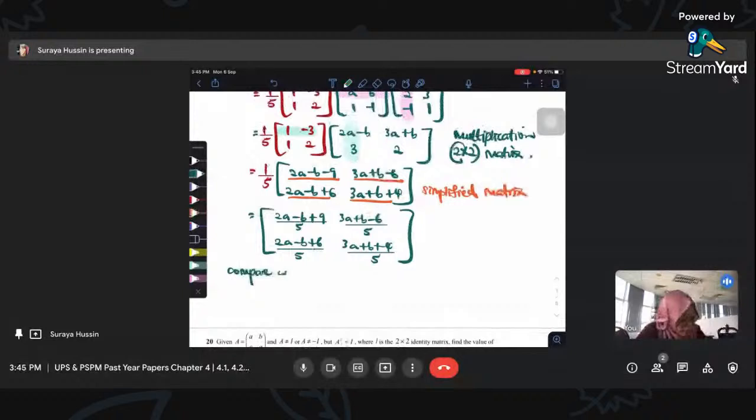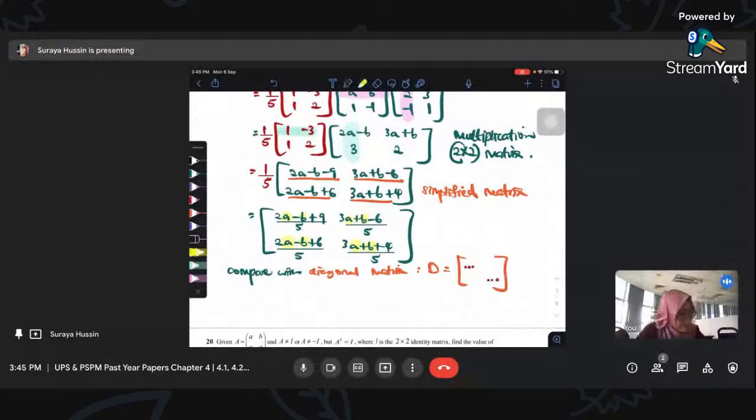with diagonal matrix. Compare with diagonal matrix, iaitu D bersamaan dengan apa? Tadi saya kata A. Okay, maybe I shouldn't put AB lah sebab dalam soalan ni dia dah pakai AB, betul tak? Okay, so saya tak nak ganggu, saya tak nak letak AB lah. Diagonal matrix could be anything here, any number here at the diagonal line there.